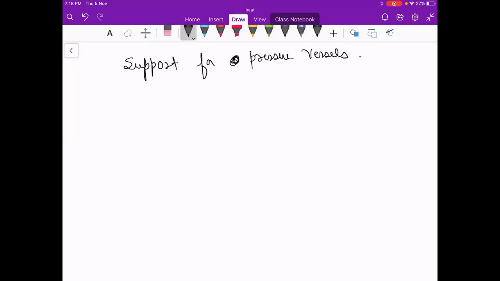It depends upon which support you are using, whether your equipment is vertical or horizontal. First we will see vertical equipment. For vertical equipment, first you can say skirt support.